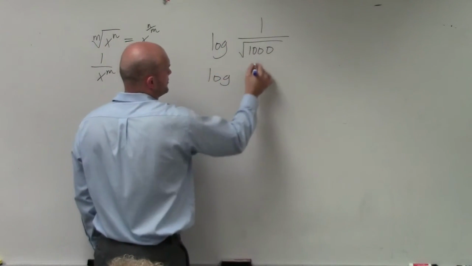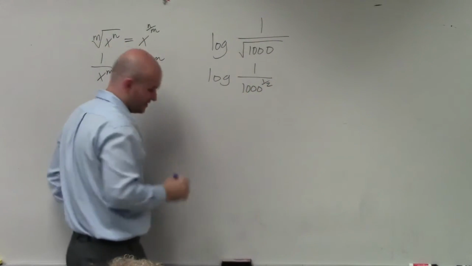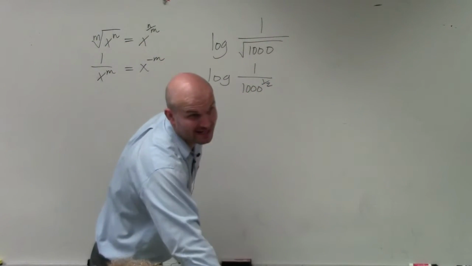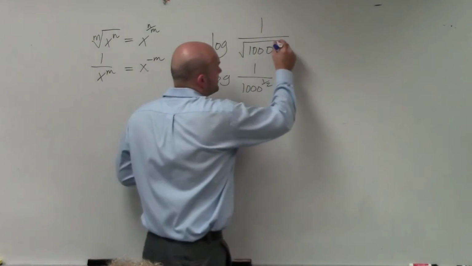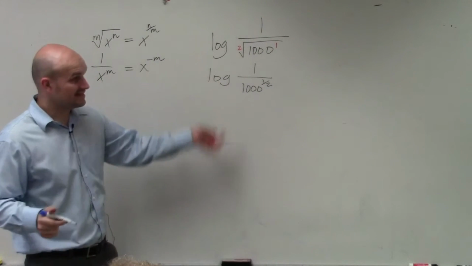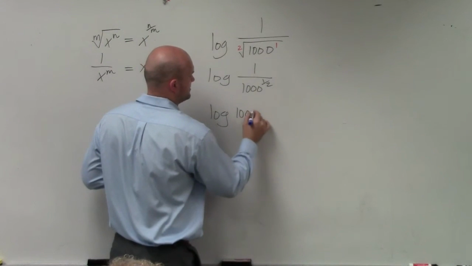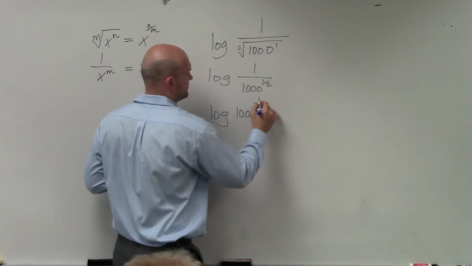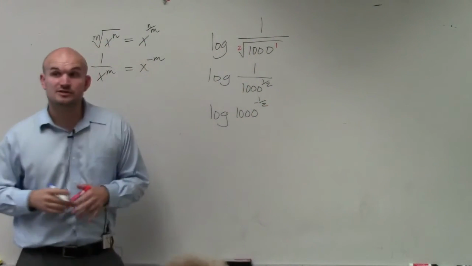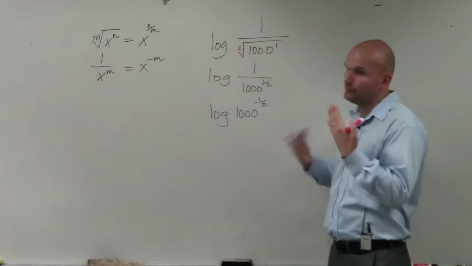Let's get this to 1 over 1,000 to the 1/2 power, because technically we don't write it, but there's a 1 there and there's a 2 there. Now, let's get this into the numerator. So we say log of 1,000 to the negative 1/2 power. Does everybody see what I've done?